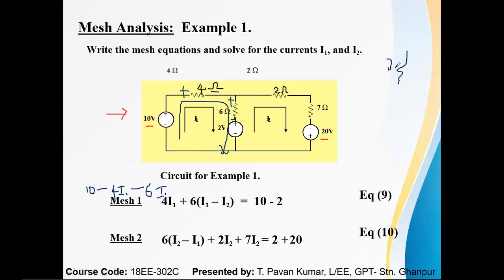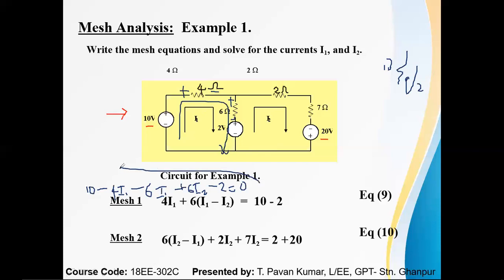This current comes from this side, this current comes from this side. This is I1 current, this is I2 current. So for this, minus 6 I1 and plus 6 I2, right? Next, the leaving sign of this battery is minus 2, equals 0.